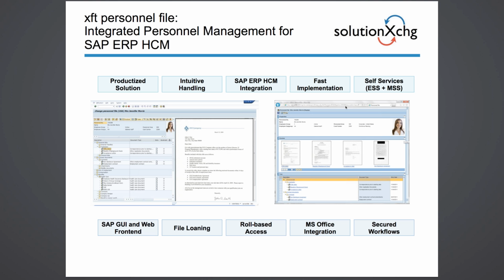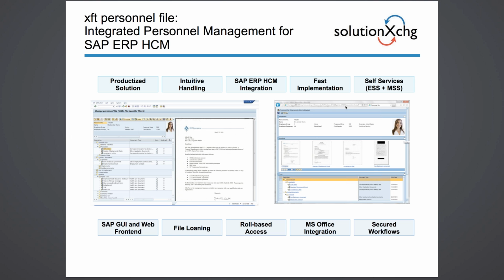And there is a tiered licensing scheme. It starts with a very low number, 2,500 and less employees, and it goes up to over 100,000 employees.